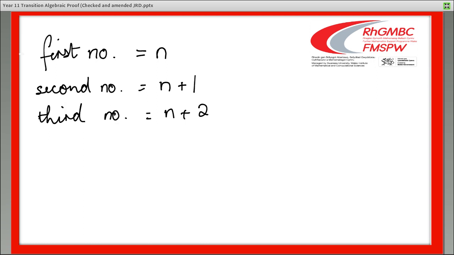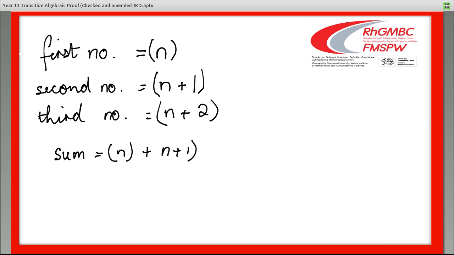So the sum, if I put these in brackets, it's easier to see, is literally n plus n plus 1 plus n plus 2.